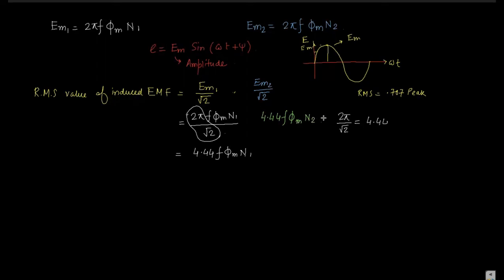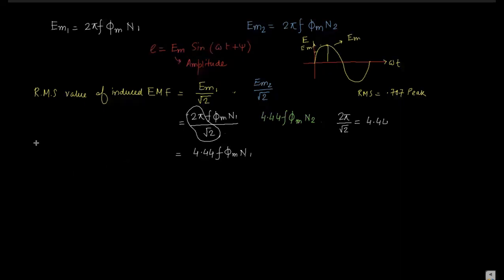So you see that both are proportional to the number of turns. As the number of turns increases, the induced EMF increases. So depending upon the number of turns, we can find whether the transformer is step up or step down.